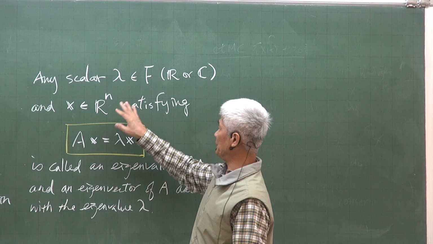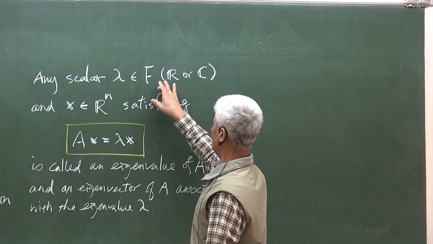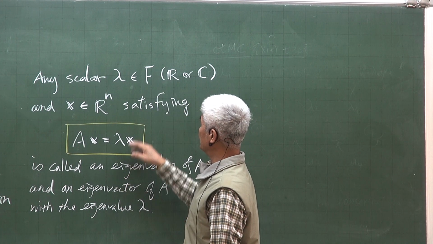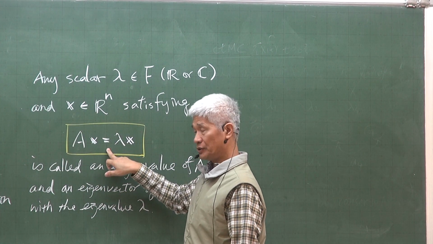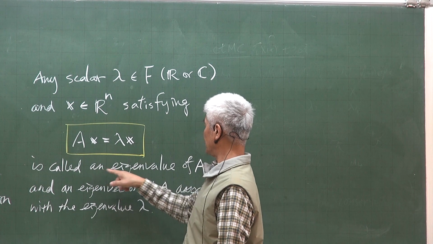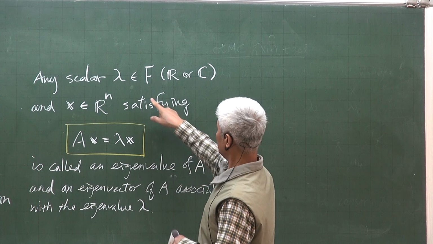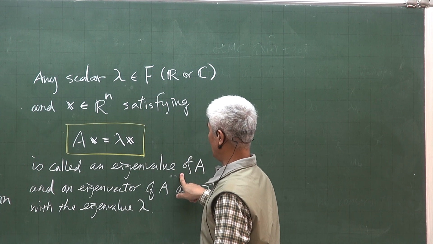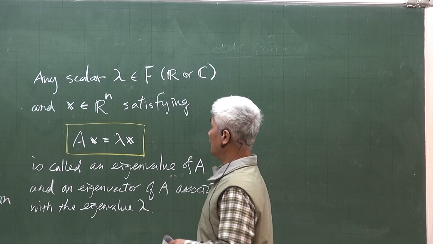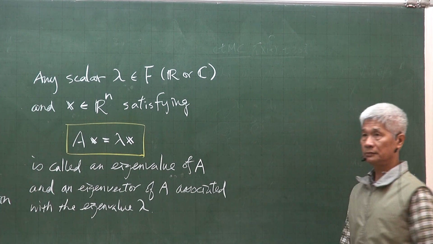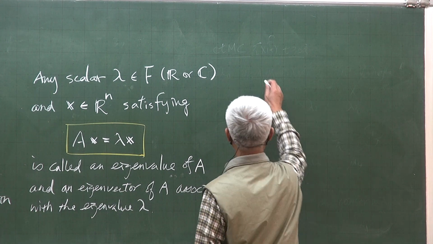So any scalar lambda in our specific scalar field, and any column vector satisfying this eigenequation, will be called an eigenvalue, and also an eigenvector associated with the eigenvalue number. Any questions?